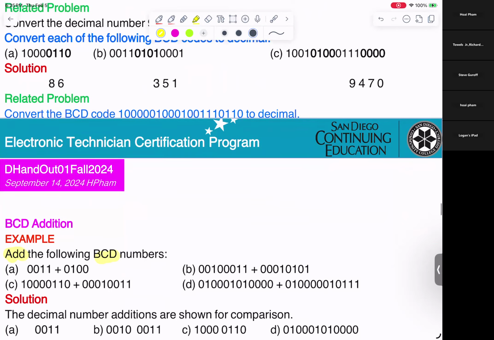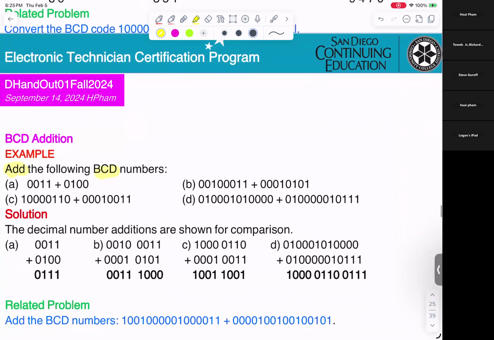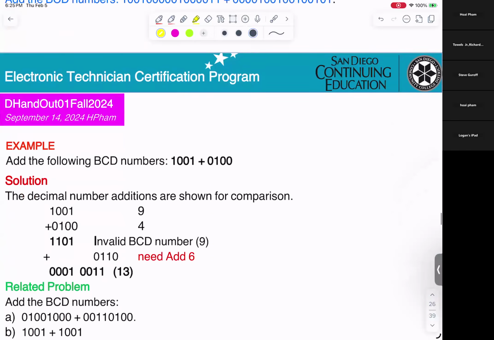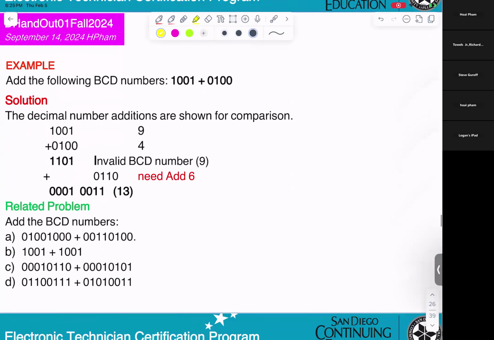I gave you an example. You can try it, and if you get a problem, then just bring it up.